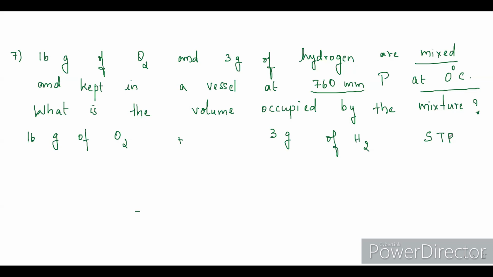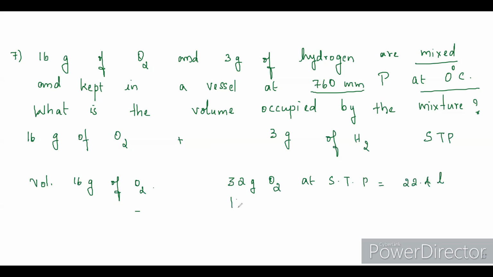What will be the total volume of the mixture? So let's first find out the volume due to the first one, 16 grams of oxygen. Okay, what is the standard statement? 32 grams of oxygen at STP has a volume of 22.4 liters.